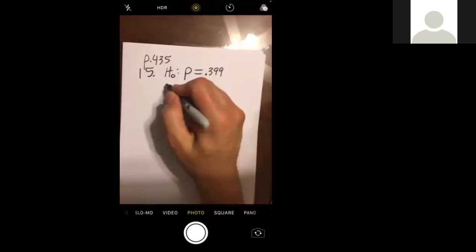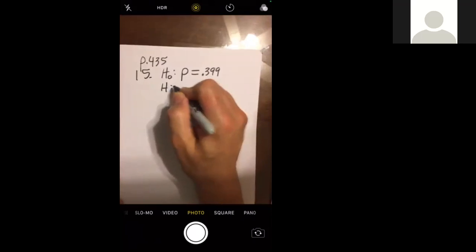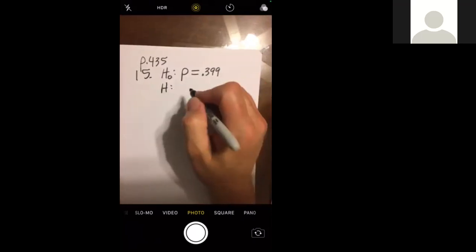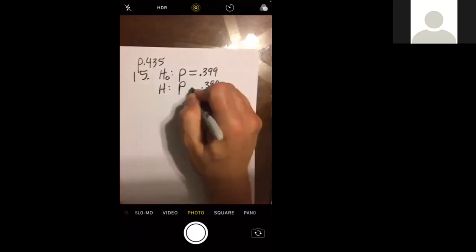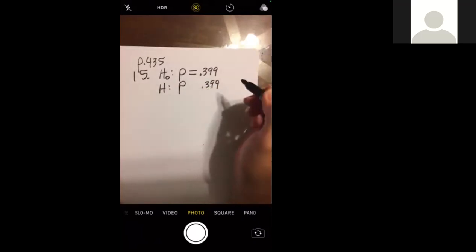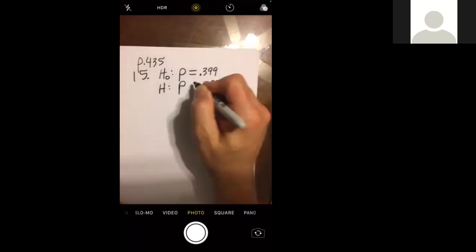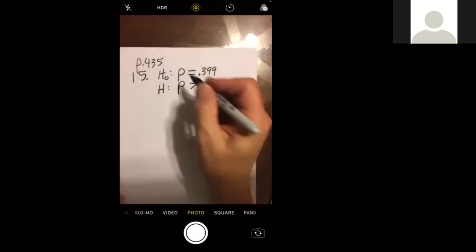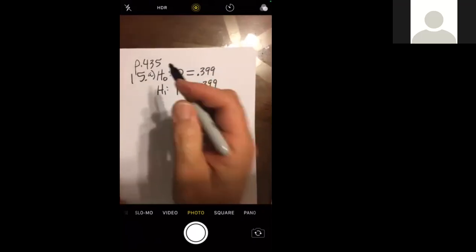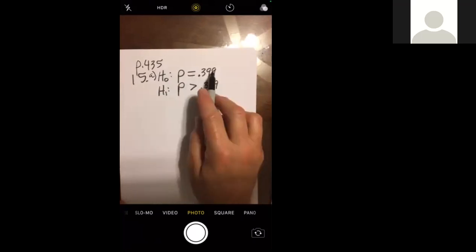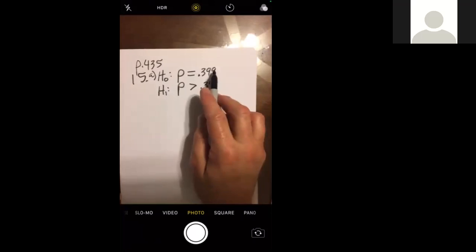Now, the president of that college thinks that it's higher now. So notice we're not really given a new number on a survey, but if she thinks it's higher, what are we gonna put between P and 0.399? Greater than. Yep, greater than. Okay, this is part A, that's how it's an H1. That's how we're writing null. Look for the old fact. It's usually given first, but it doesn't have to be. Occasionally it's not.